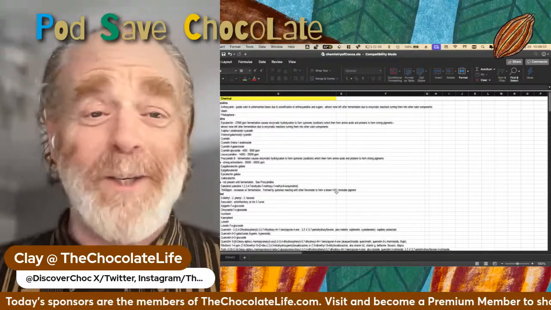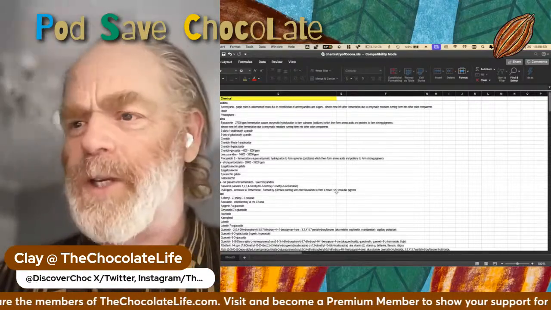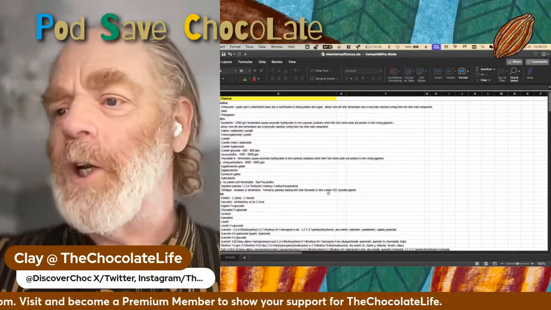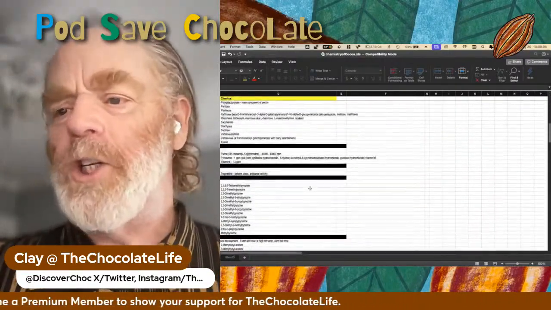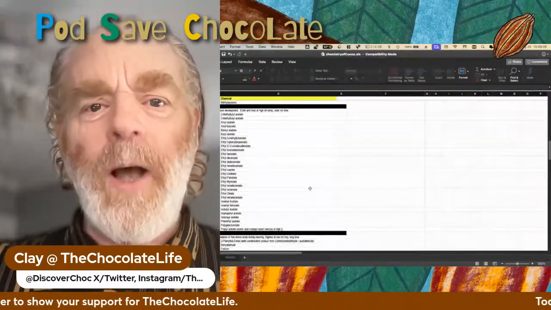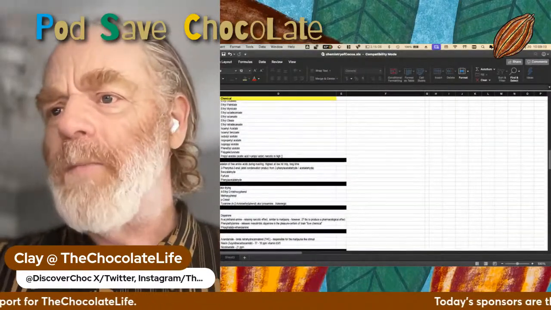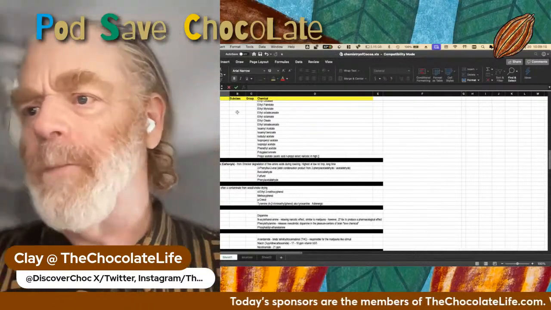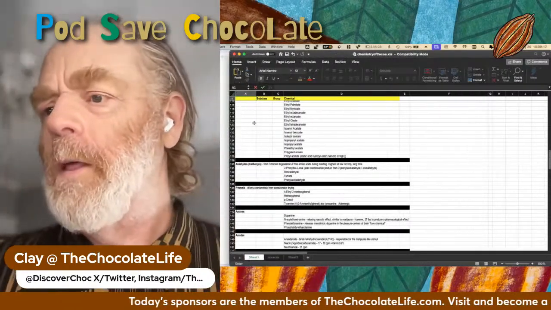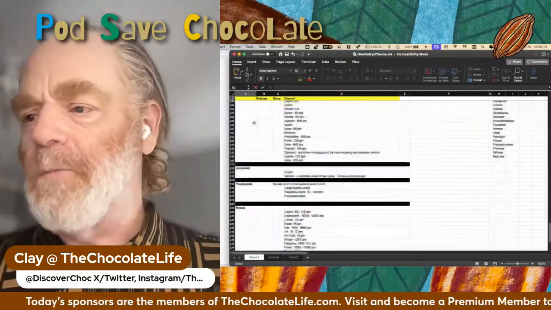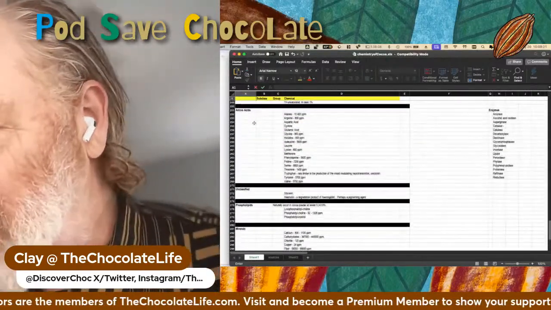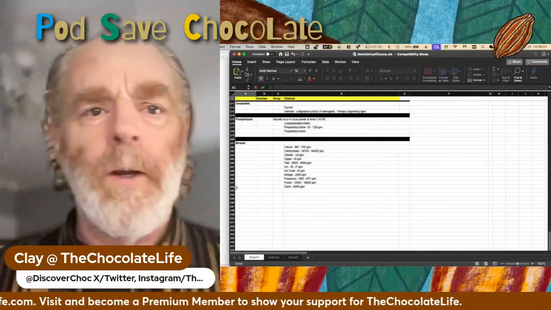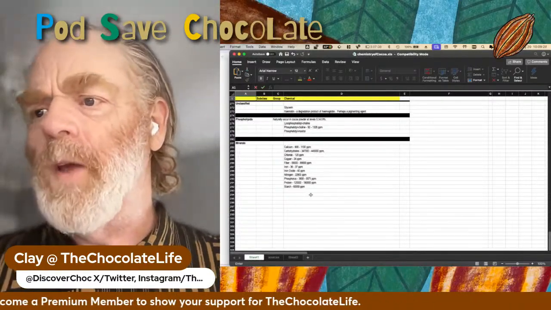But I thought this would be interesting. You can download this spreadsheet. It's not mine; I didn't come up with this, and I don't exactly remember where I originally downloaded it from. But if you are interested in getting an idea of some of the chemicals that can be found in chocolate or cocoa, this provides a list of about 300 chemicals.